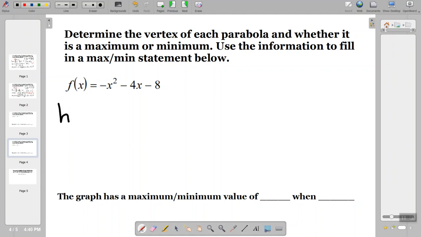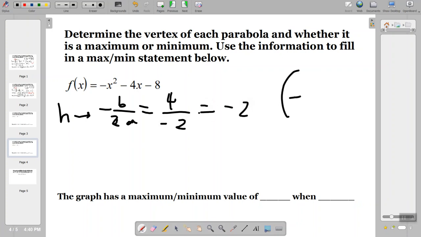Okay, one more of these. All right, go a little quicker. h is negative b over 2a. b is negative 4, so the opposite of negative 4 is positive 4. 2 times a, 2 times negative 1, is negative 2. 4 divided by negative 2 is negative 2.